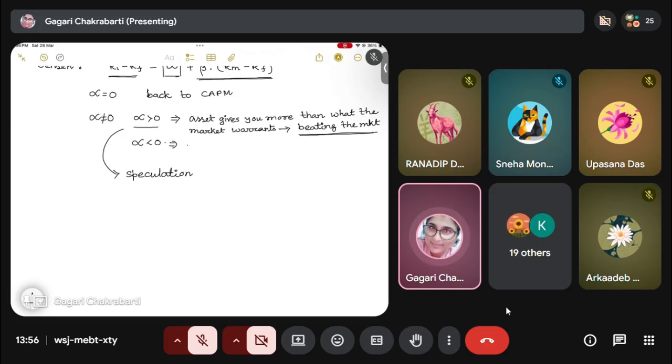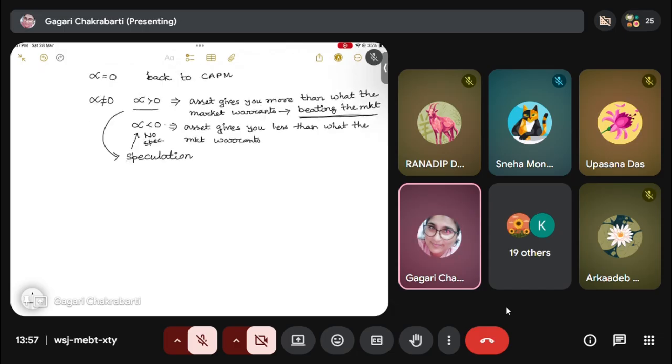So the asset cannot beat the market. এইখানে there will be no speculation, right?